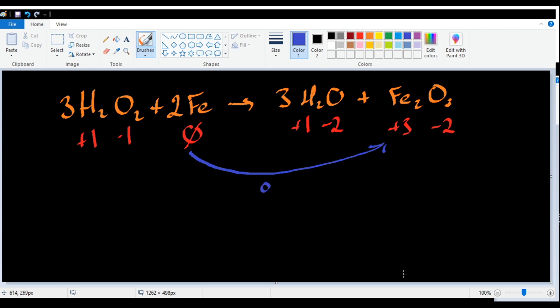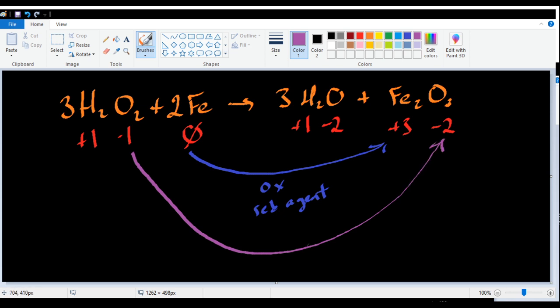It has been oxidized and is therefore a reducing agent, while oxygen went from -1 down to -2. It has been reduced and is therefore the oxidizing agent.